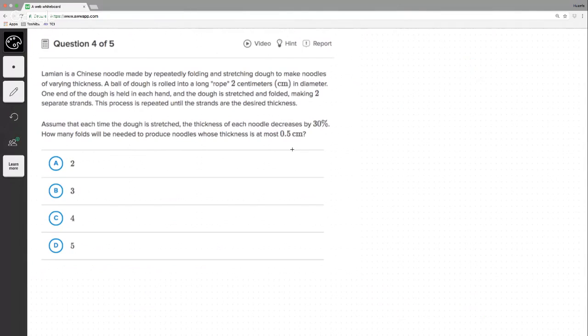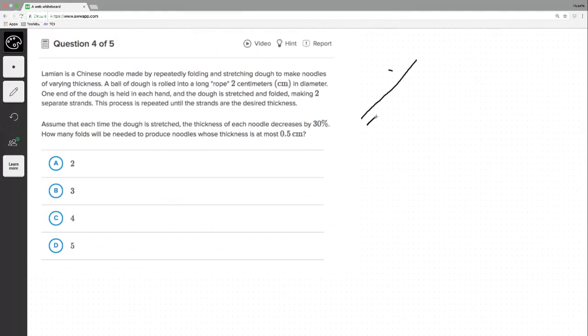Question number 4. Ramen is a Chinese noodle made by repeatedly folding and stretching dough to make noodles of varying thickness. A ball of dough is rolled into a long rope 2 centimeters in diameter. So a ball of dough is rolled into a long rope, 2 centimeters. What does that mean? A cylinder, I suppose.